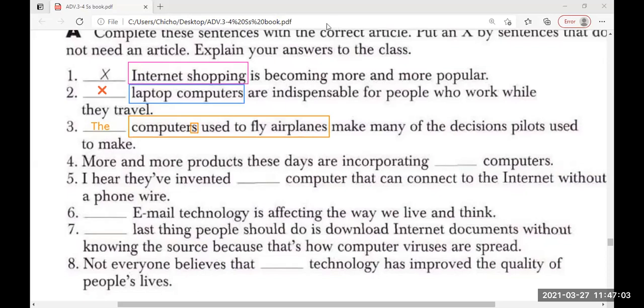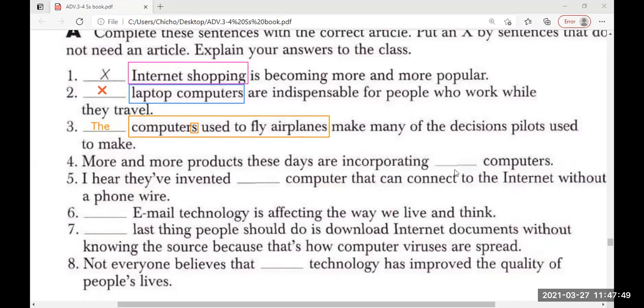Teacher, I don't know if we have to use the article in this part. What is your doubt? What is the reason you are doubting? Because I don't know if when we talk about the computers it is a specific computer that has more products or no. Okay, let's read the sentence. It says, more and more products these days are incorporating computers or the computer, or what do you think?